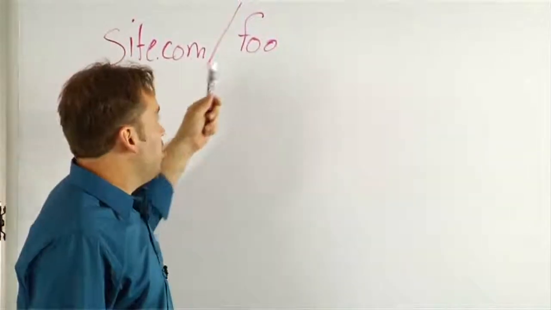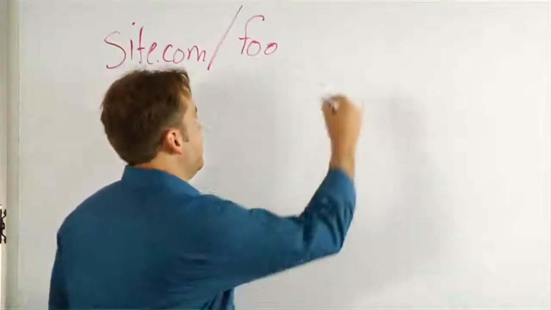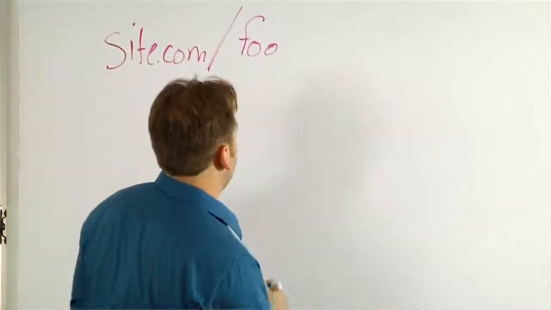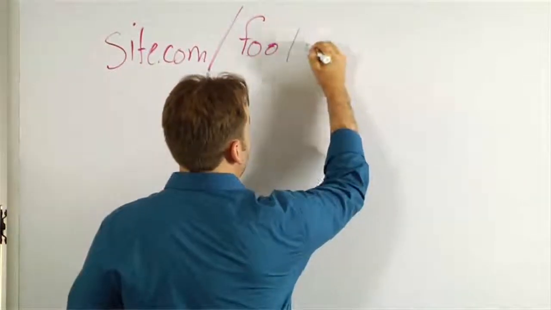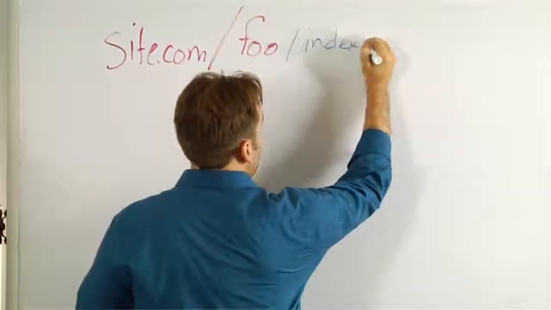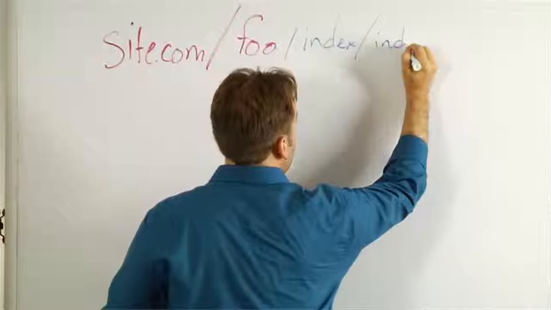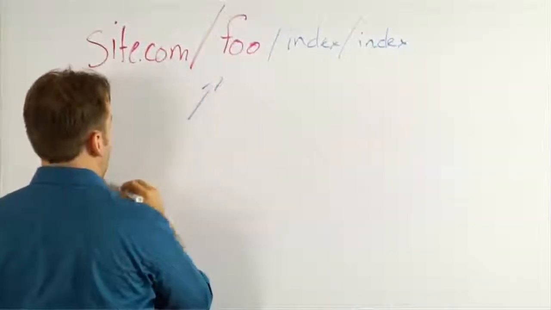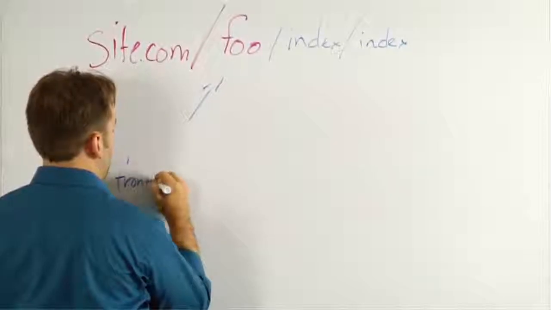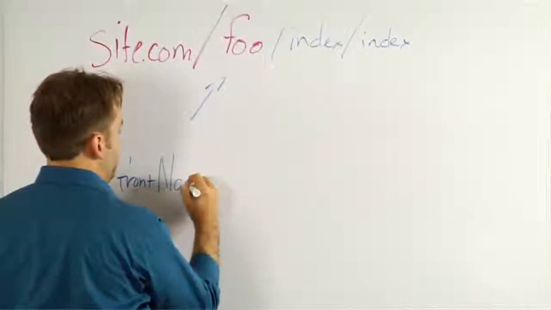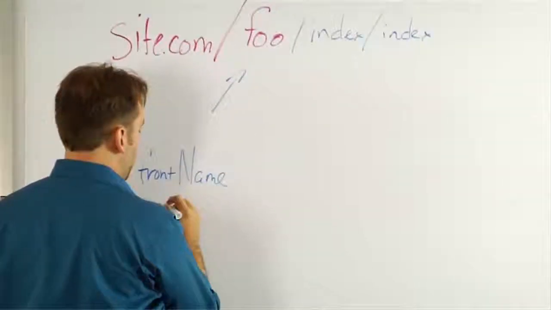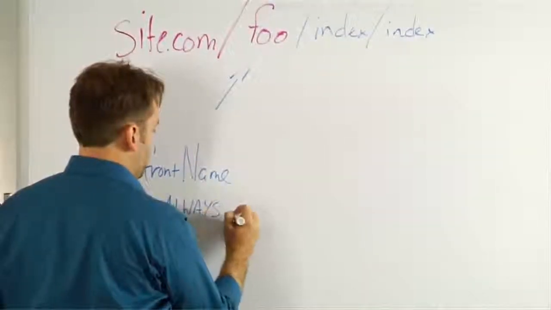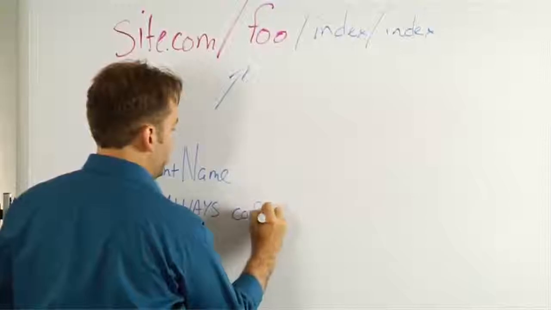So right now, this would map, without me specifying anything else, to index controller, index action. So front name is always configured.